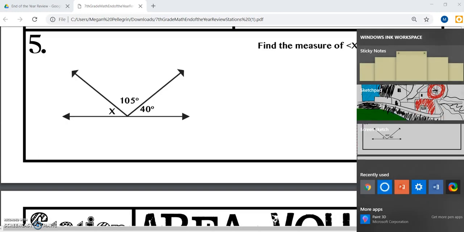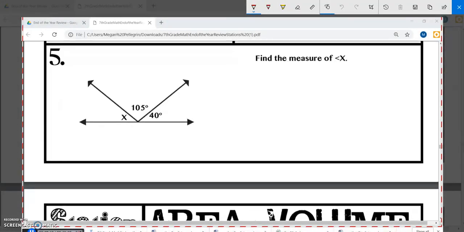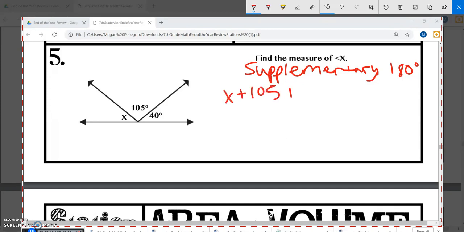Okay, finally, number 5. Find the measure of x, and so these are supplementary, because they make a straight line, and therefore they're equal to 180 degrees altogether. So x plus 105 degrees plus 40 degrees is equal to 180 degrees.